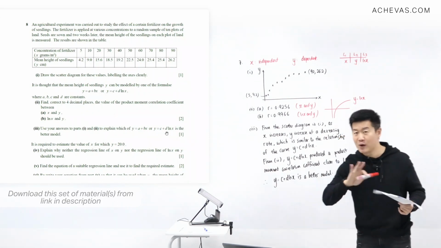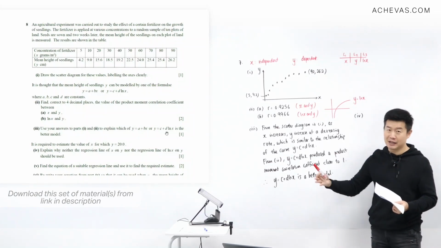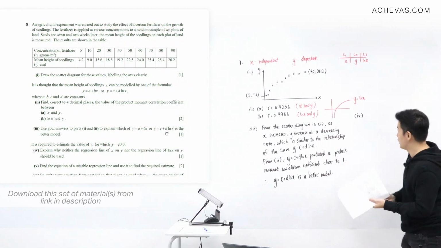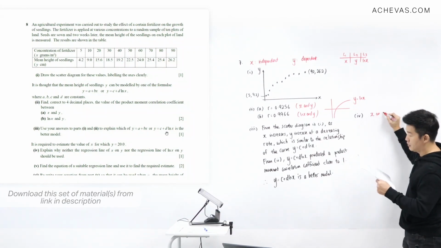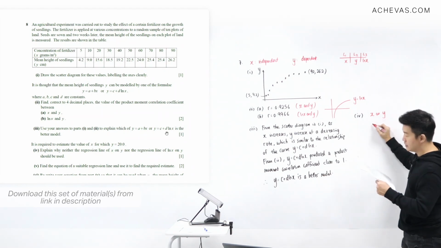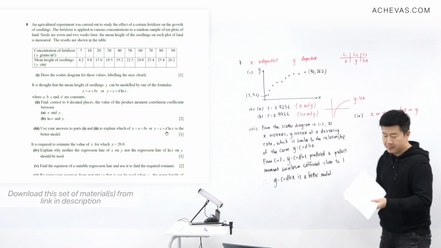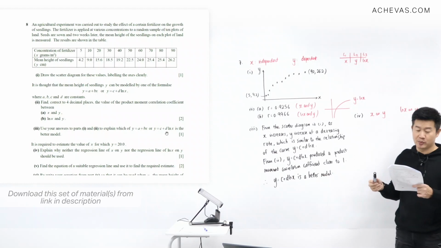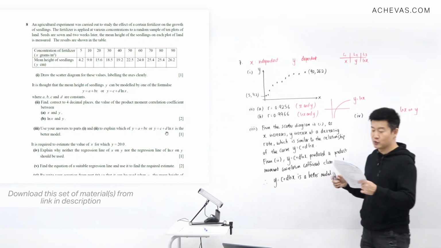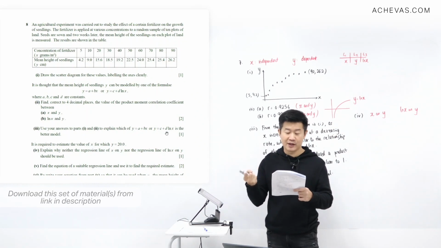Okay, this is what we have already seen from the very beginning, which we are going to apply to this question, because the question is asking for x on y, and the other one is ln x on y. Why is it that both of these are not suitable to predict the value of x for the given y? y is given to us as 20.0 in this part of the question.